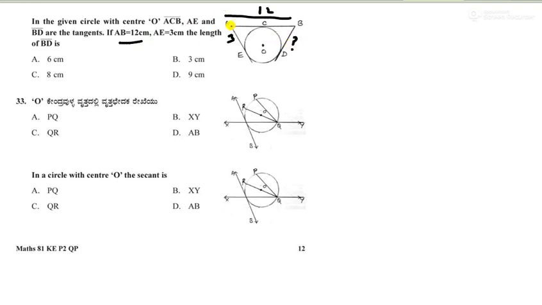So as we all know, a tangent from one external point is equal. So if this is 3, this will also be 3. AE will also be 3, correct? Now if this total is 12, this is 3, so how much will be CB or BC? 9. From B it is going, from B it is coming here. So 9, and this will also become 9. So option number D is our right choice.